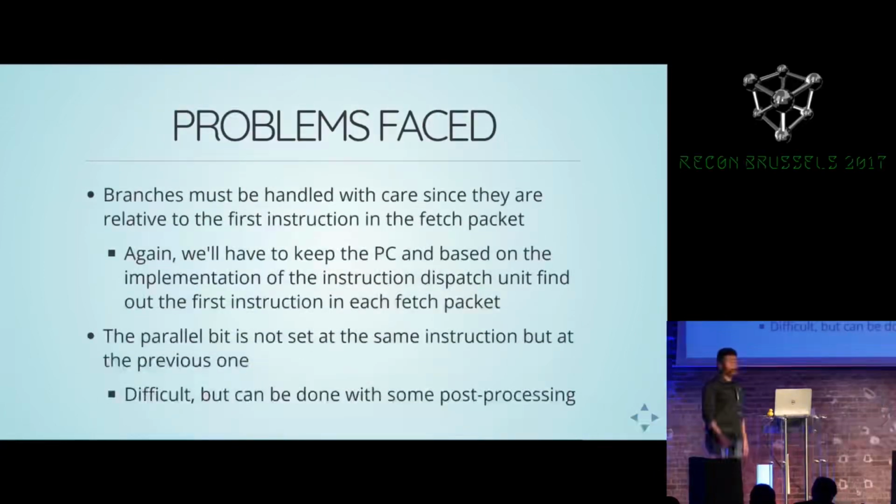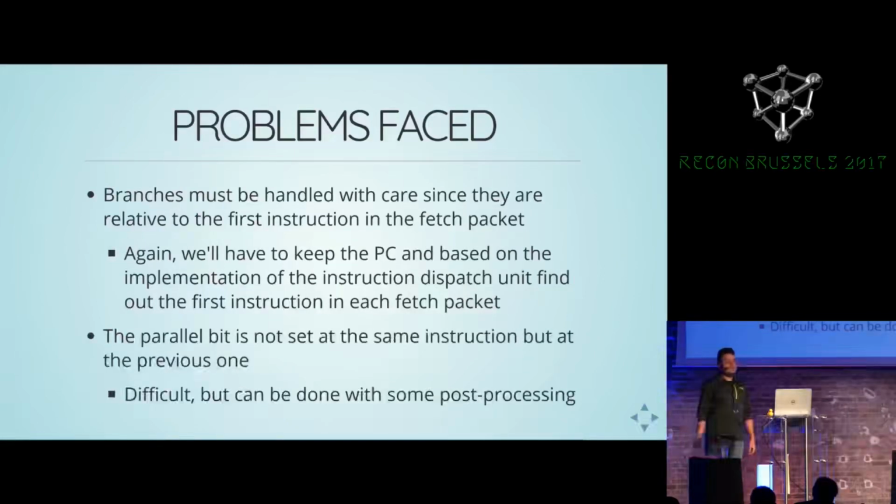Another problem are the branches. Branches must be handled with care because they're not relative to the current instruction, but relative to the first instruction in the fetch packet. So you must get the program counter, find the fetch packet, find the first instruction of the fetch packet, and then calculate the target address.